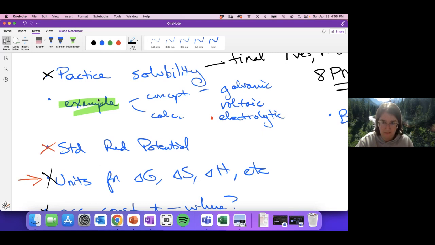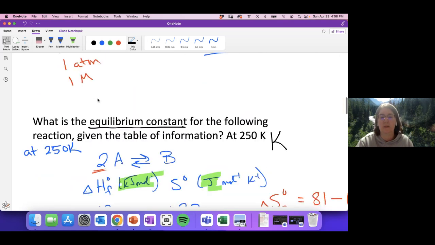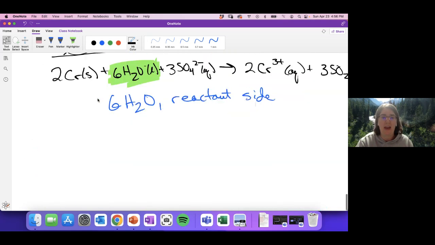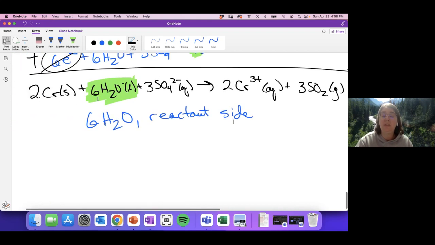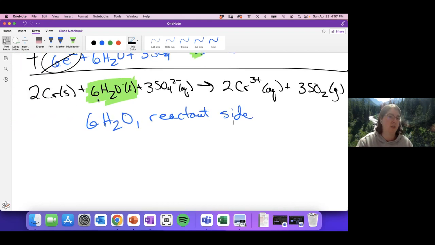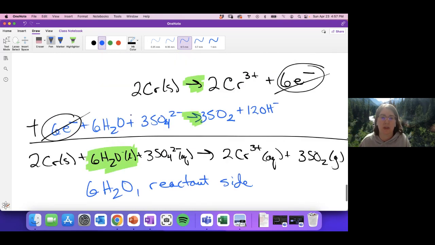So sure, let's go ahead, since we have this lovely giant reaction. We did already figure out where our electrons were. So what I am going to do is go back to that half reaction point, and we're just going to grab those 2 half reactions.